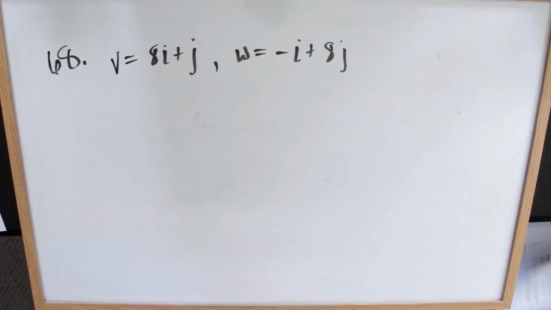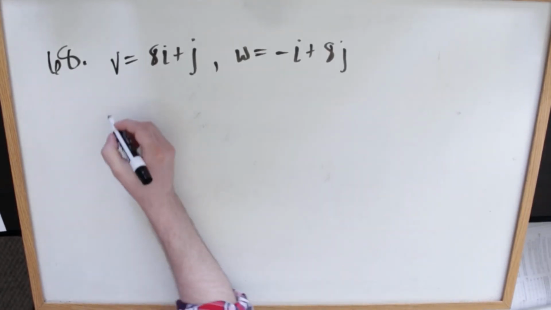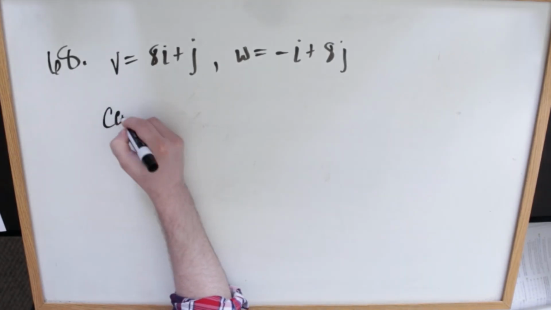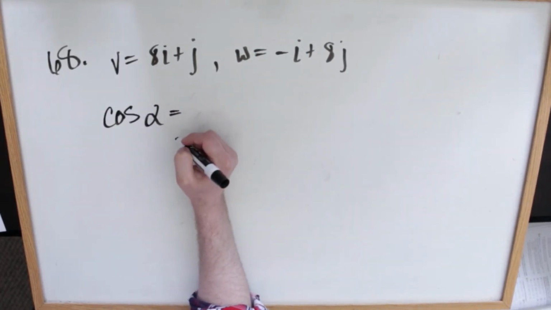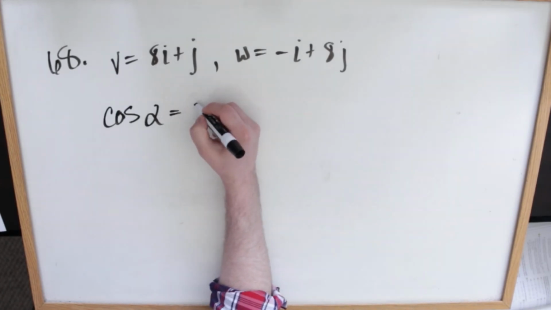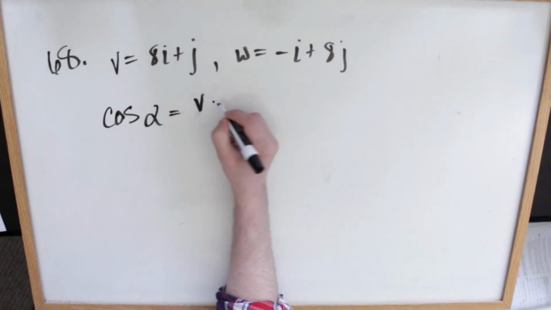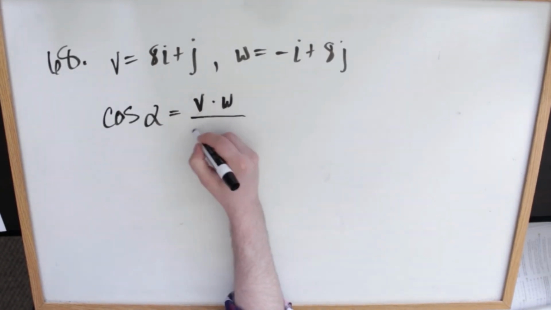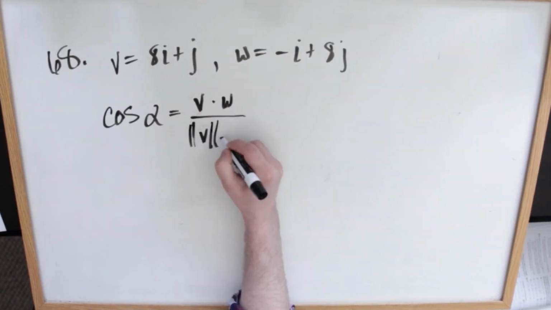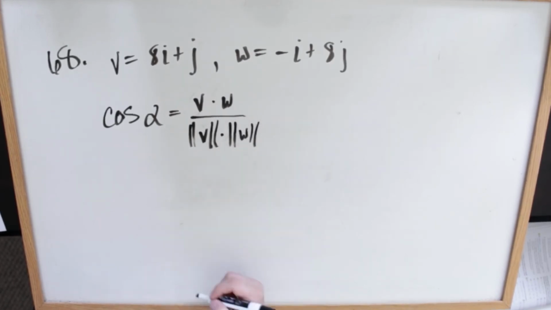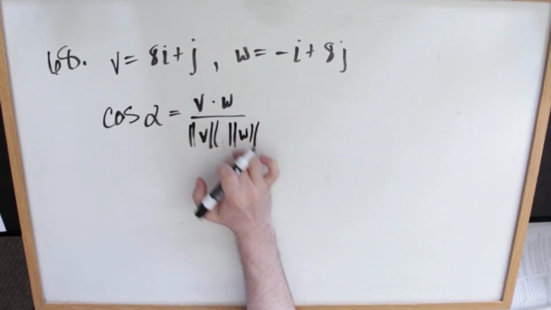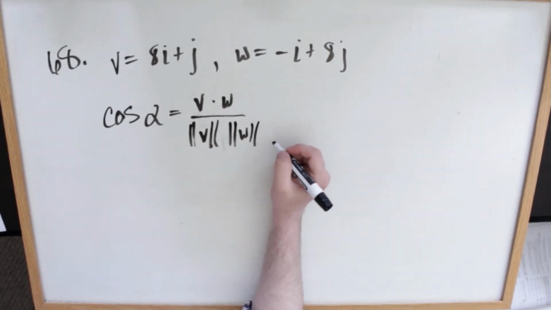So let me write this out. We're going to have cosine of alpha, we'll just call that, equal to V dot W all over the magnitude of V times the magnitude of W. Okay, and I'm not going to put the dot in there, just so you understand that this is multiplication.